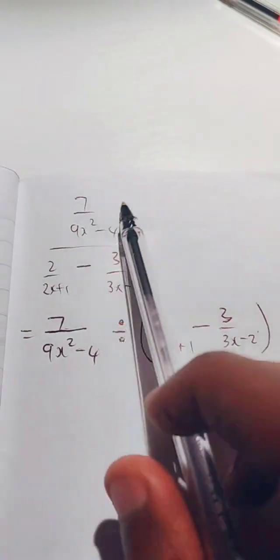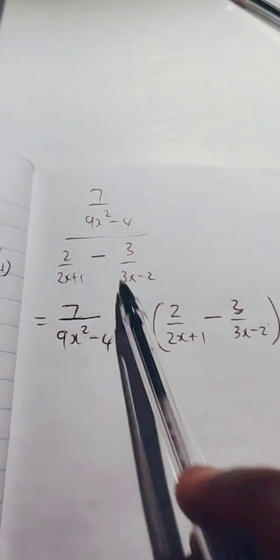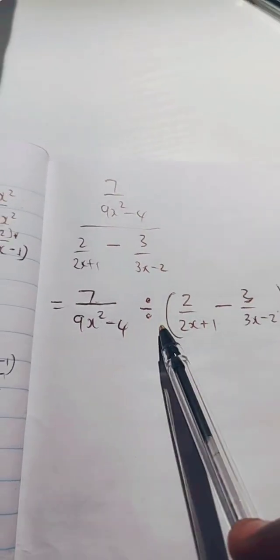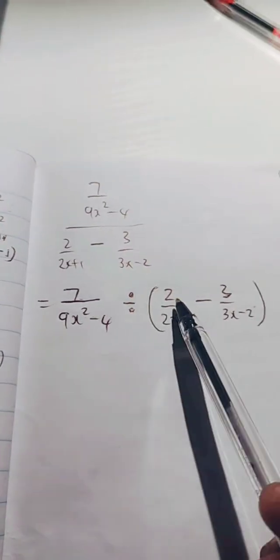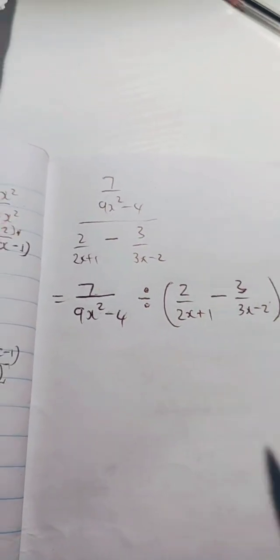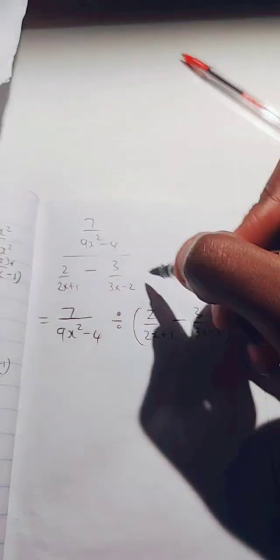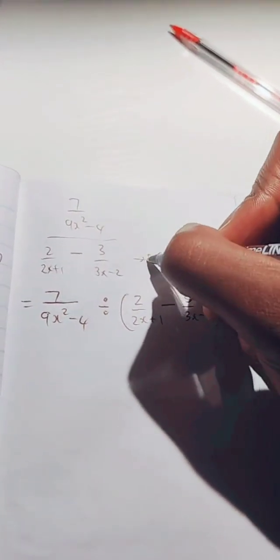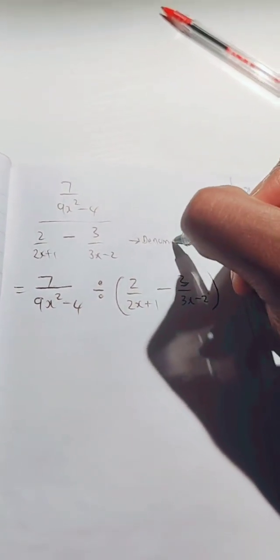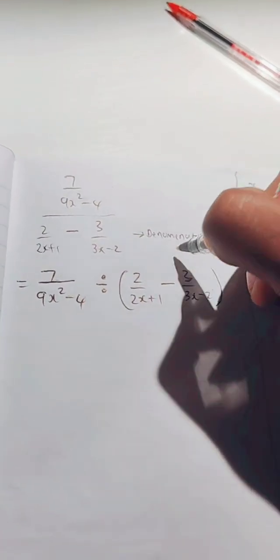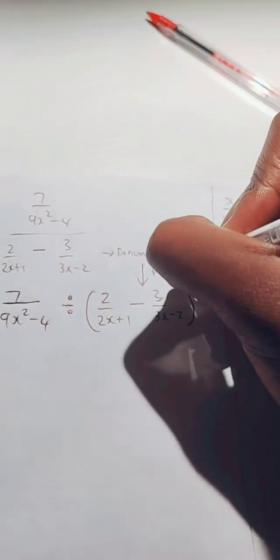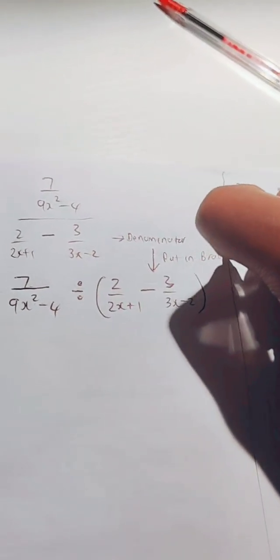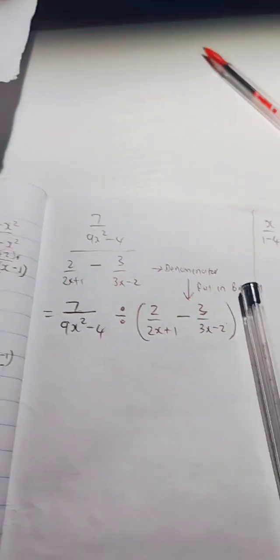Right? So this, the line means divide, but everything underneath the denominator we are going to place in brackets. Very important that here the denominator, which is a subtraction of fractions, has to be put in brackets. Okay.